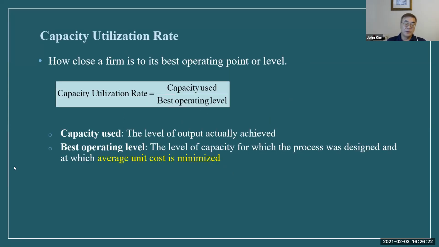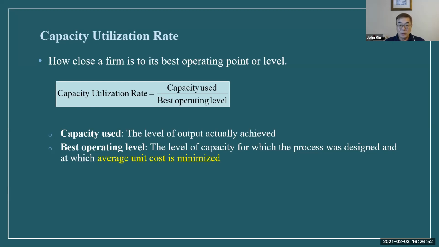If using a more machine-oriented production system, using more machines and equipment, a manufacturing system, then the best operating level is about 80% of maximum capacity. 80%.